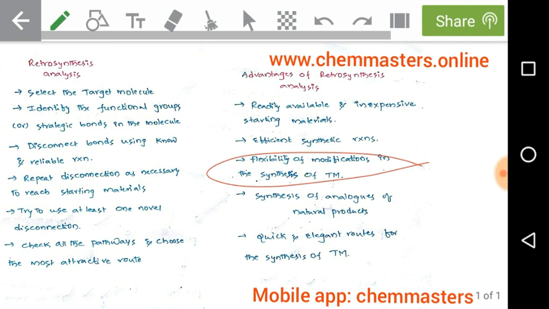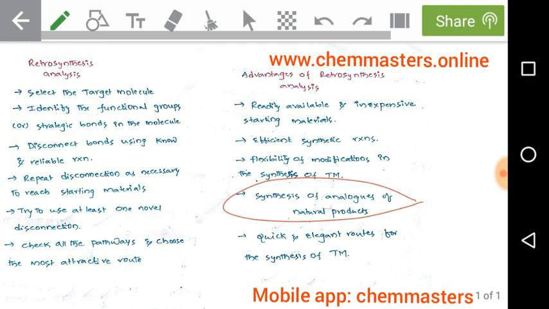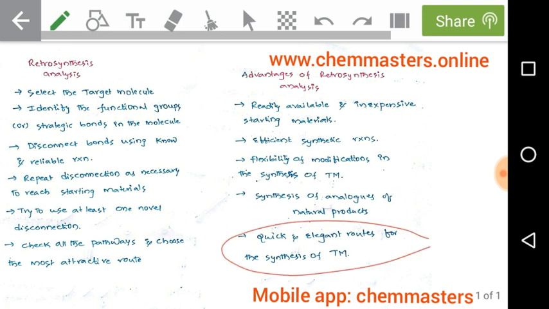Next, synthesis of analogs of natural products: many natural product analogs are synthesized by the use of retrosynthesis. Quick and elegant routes for the synthesis of target molecules can be achieved by retrosynthesis.